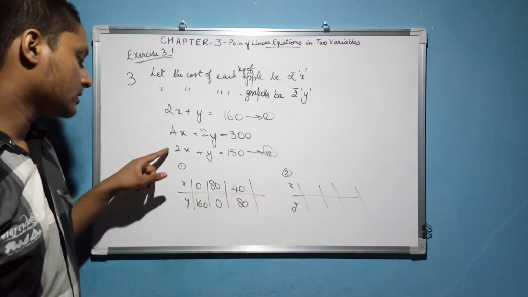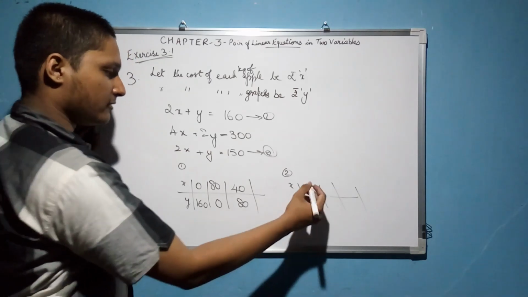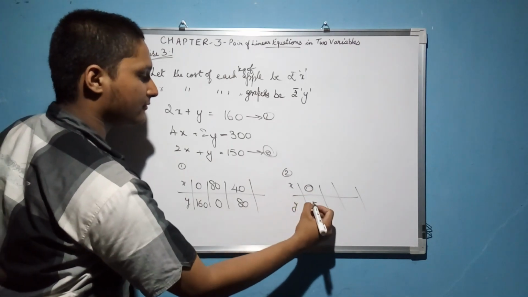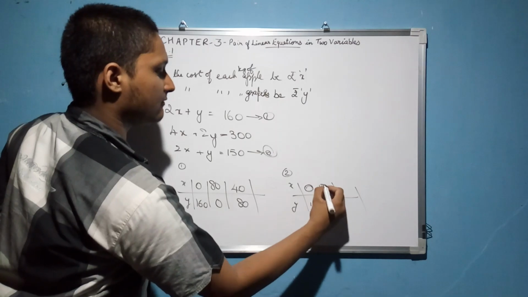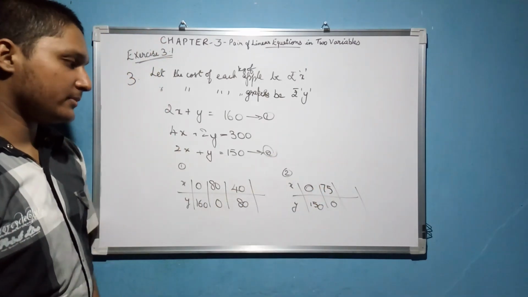So now we have the other one, 2x plus y is equal to 150. I'll take the value of x to be 0. When x is 0, y is 150 itself. When y is 0, x is 75. That many points I got. Now I need to take a number in between.